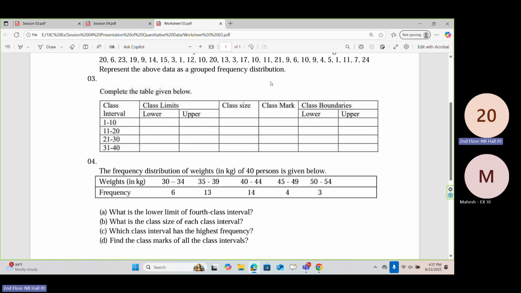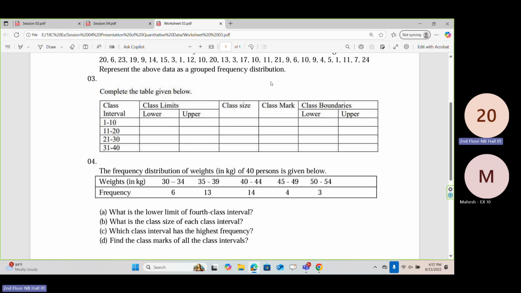The next one is 25.5. Understood? When the class size is the same in each class interval, first you find the first class mark. After that you add the size of the class to the previous class mark. Then you can find the class mark of each class. Clear? Then class boundaries: 0.5 to 10.5, 10.5 to 20.5 is the way we can find.